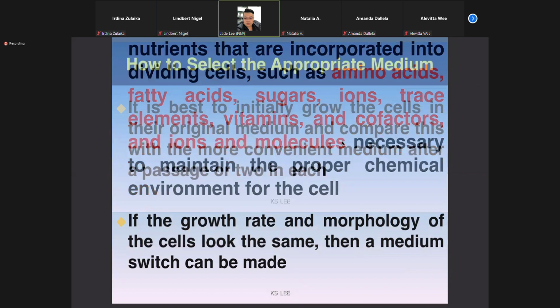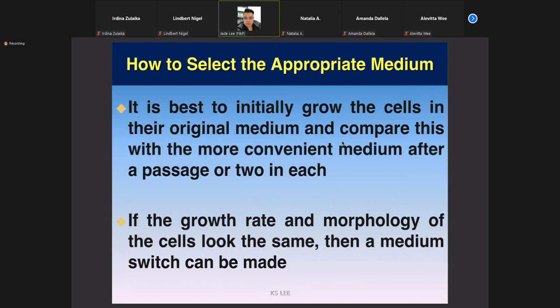So it is best to initially grow the cells in their original medium and compare this with the more convenient medium after a passage or two in each. Passage means you do subculturing. But what happens if you do not have any idea on what types of medium the cell could be grown? Because you don't know the original medium. What you need to do?